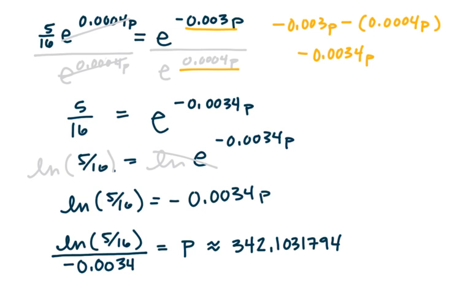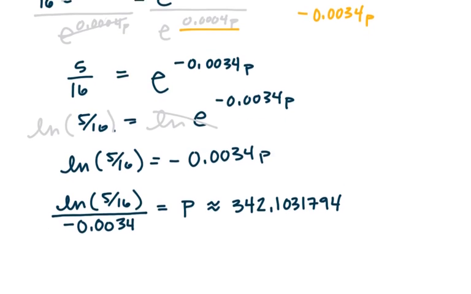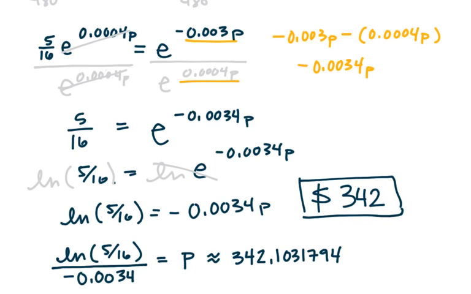So roughly, and what does it say to round to here? It is not specified. We'll just round to the whole number because we're not going to make part of a Blu-ray disc player. So in this case, the ideal price would be $342, which this problem must have been written a long time ago, because I doubt any of you would pay $342 for a Blu-ray player in 2020.